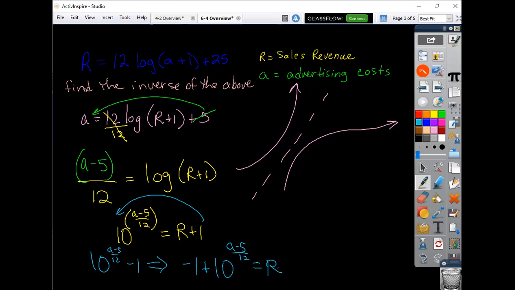And since this R, now that we flipped the variables around, is really the inverse of the A equals that we had to start with, the advertising costs, this is the inverse of A, which a lot of times will be written as A to the negative 1 power here instead of that R.